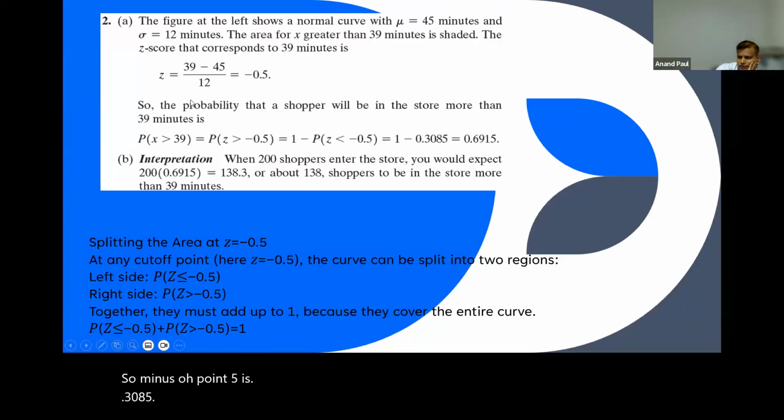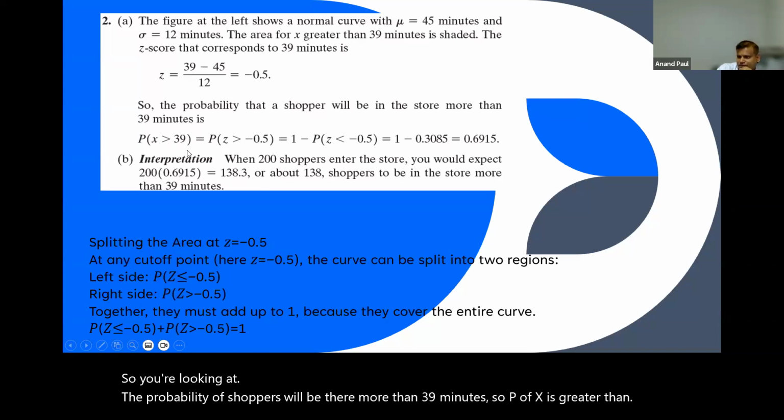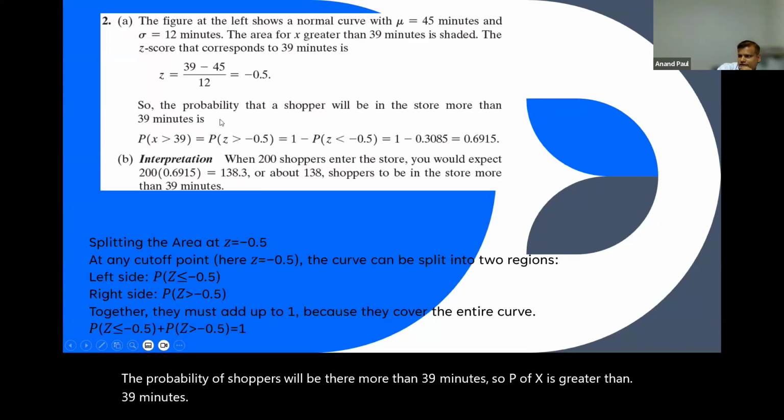So for minus 0.5 is minus 0.3085. So we are looking at the probability of shoppers will be there more than 39 minutes. So P of X is greater than 39 minutes. So in this case, we have the probability of Z greater than 0.5.